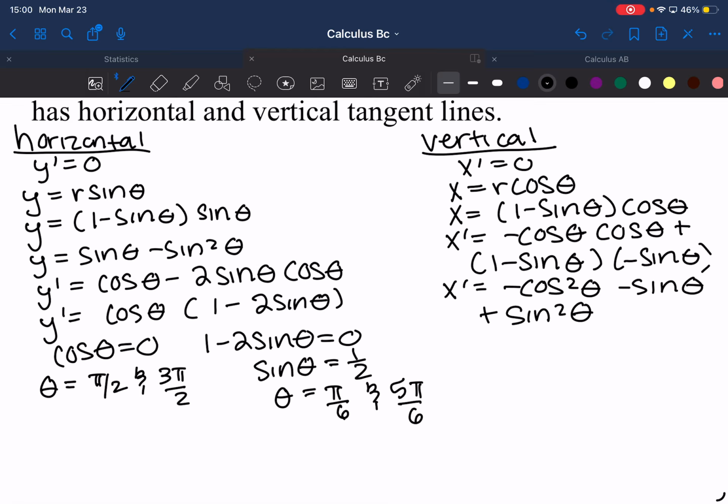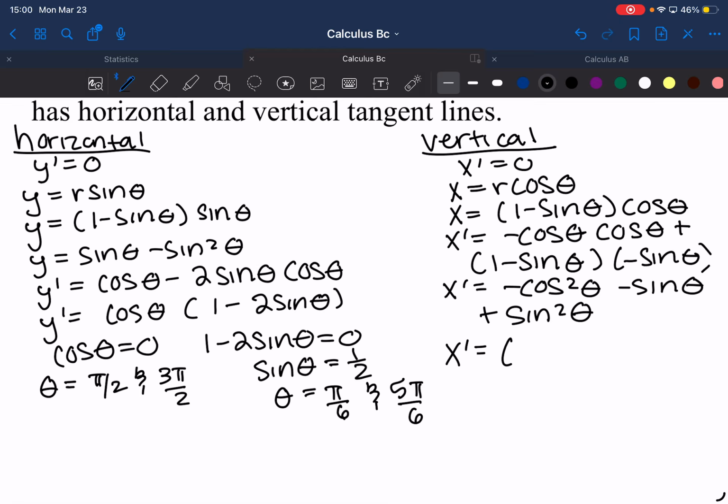Then from here, I know that I can rewrite cosine squared theta as what? Who remembers the trig identities? 1 minus sine squared theta. But since we have that negative cosine squared theta, I can substitute this in and make this negative 1 plus sine squared theta.